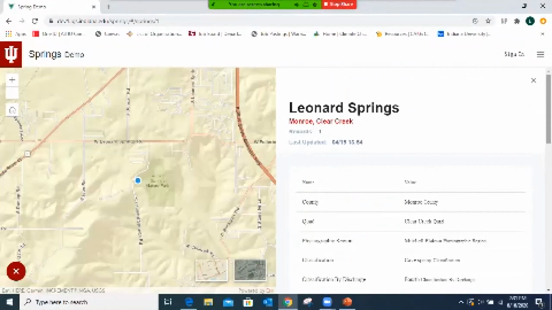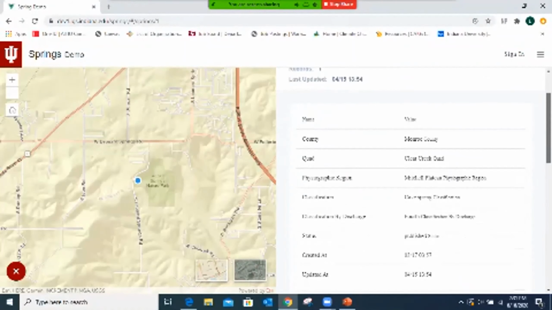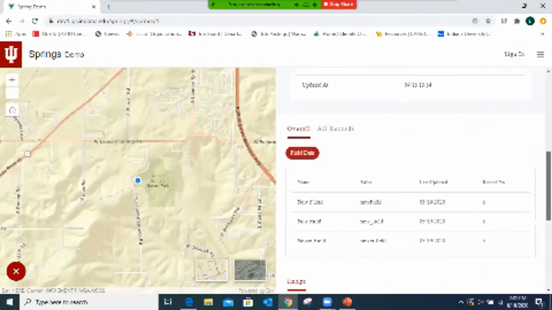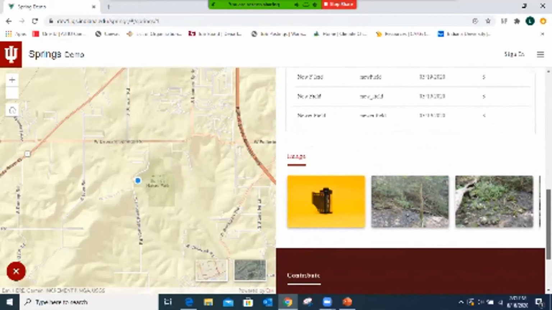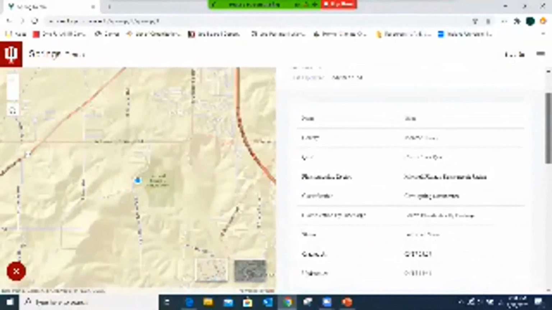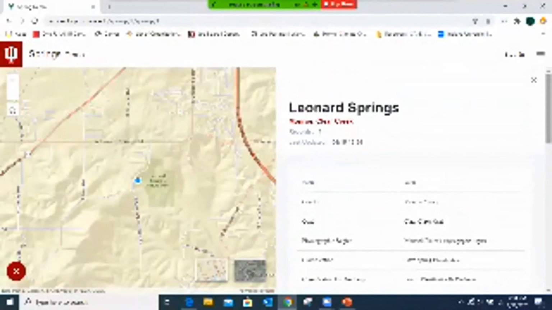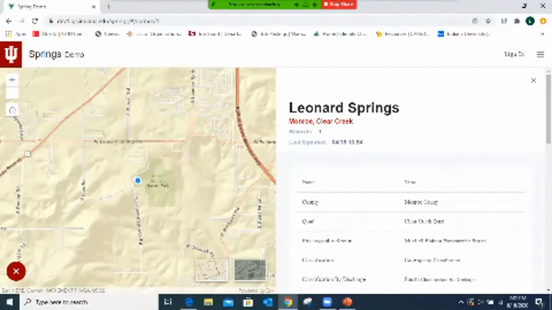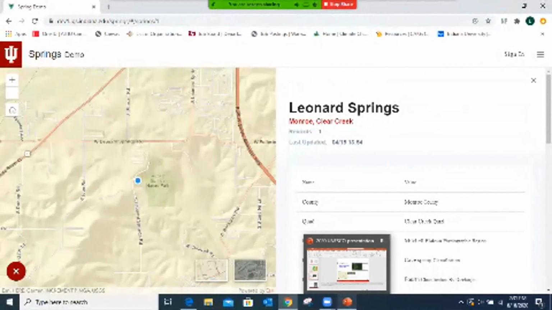After looking at an individual spring, they'll be able to see the full suite of data that we've collected, and also look at images, and they can add their own data with approval from us. And we're really just hoping that this is going to increase the understanding and awareness of these springs and the important groundwater resources, and also foster some community engagement, which is one of the main goals of our project, as we stated.